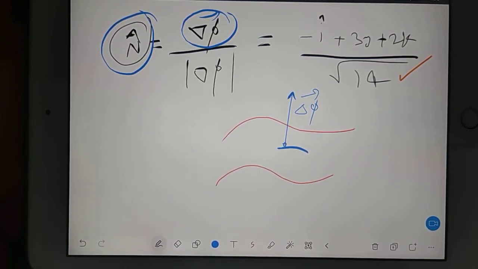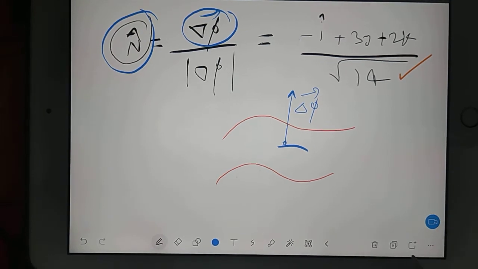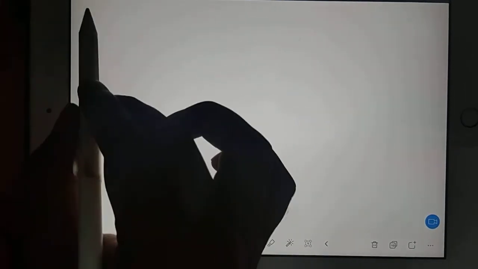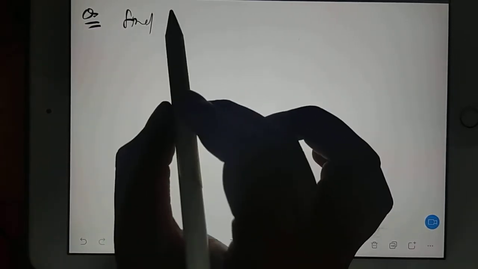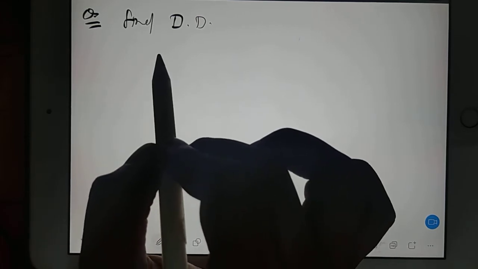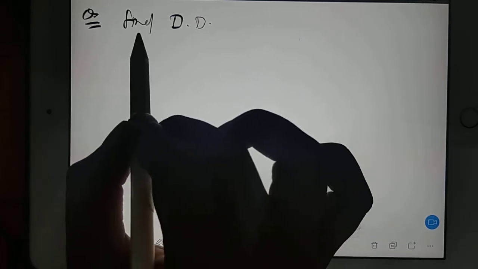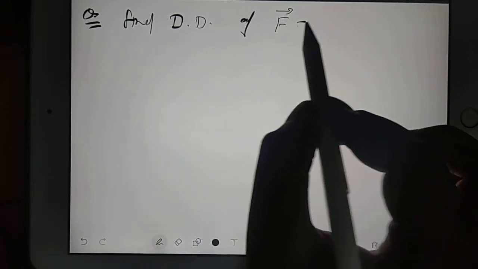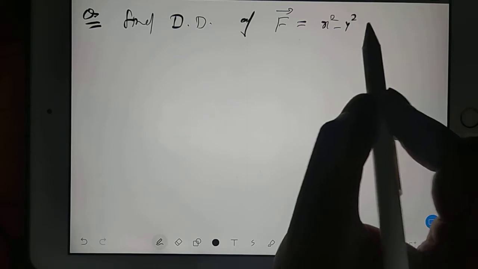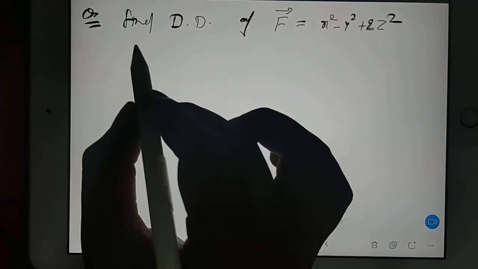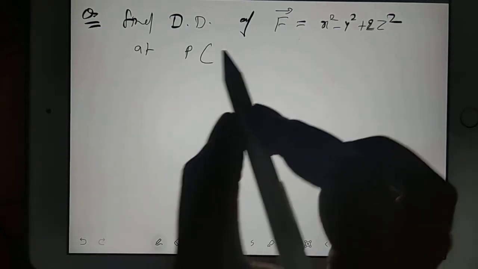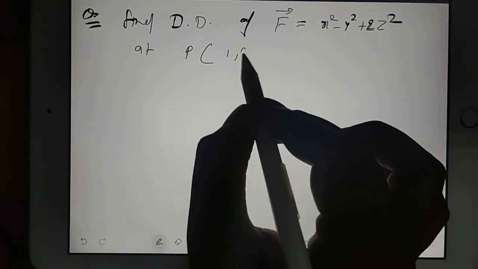Now I will explain one more question. Suppose the question is to find a directional derivative. You remember what a directional derivative is? Just now we have done it. Find the directional derivative of the function f, which is given as x square minus y square plus 2z square, at point P. The location is given as 1 2 3.